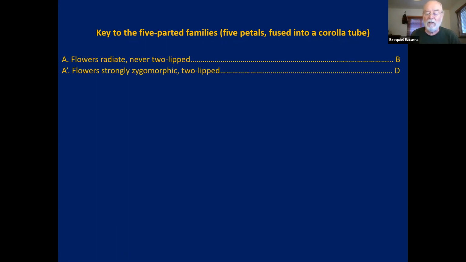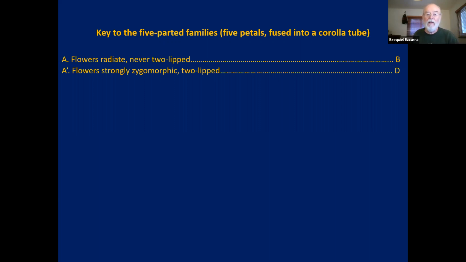So if you see a plant with 5 fused petals in the field, a member obviously of the 5-parted families, your first question, question number A, is, are the flowers actinomorphic or radiate, or are the flowers strongly zygomorphic and 2-lipped? They have the petals separated into an upper lip and a lower lip.